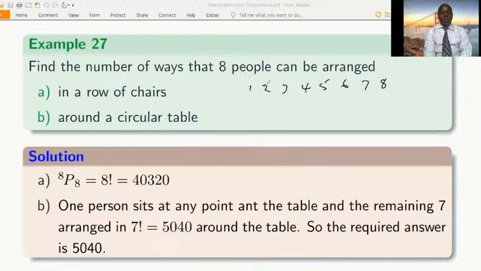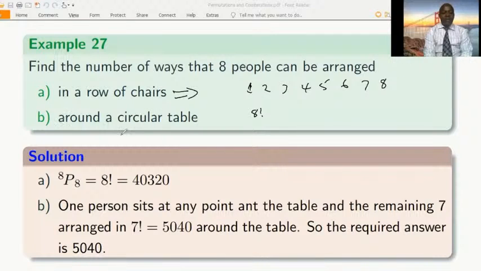Person 1 can sit here, second person there, third person, and so on. Or you can have person 1 sit here, then person 3, then person 2, then 4, 5, 6, and so on. You can rearrange these. That means that if you have 8 persons, you'll have 8 factorial ways in which they can sit in a row of chairs.